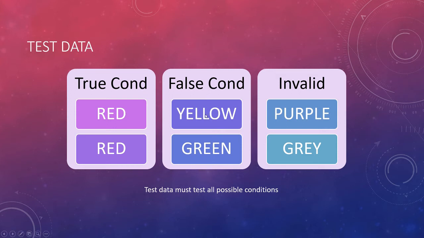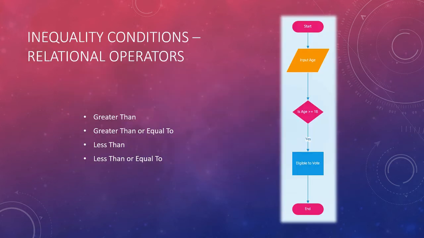We'd want to test with yellow to make sure that we got a false. We'd want to test with purple. What are we going to do there? Make sure, well, I don't know. We're not going to get anything, huh? And our test data really needs to test out all these conditions. And as you can see, we might duplicate some of those values so that we make sure we're getting consistent results. We can't just test it once and be done.